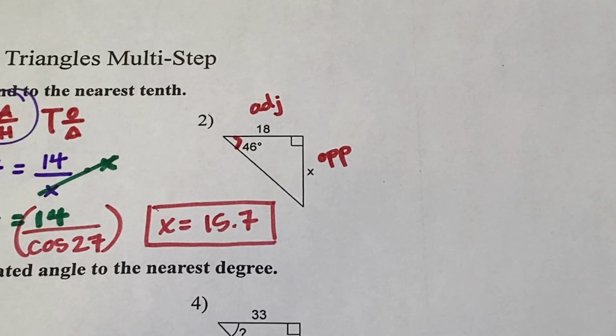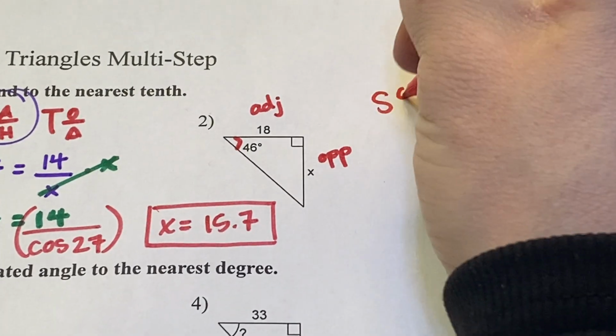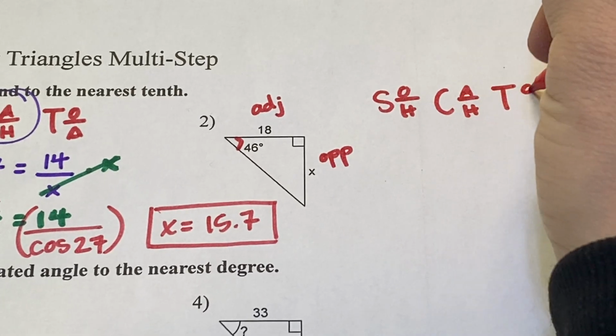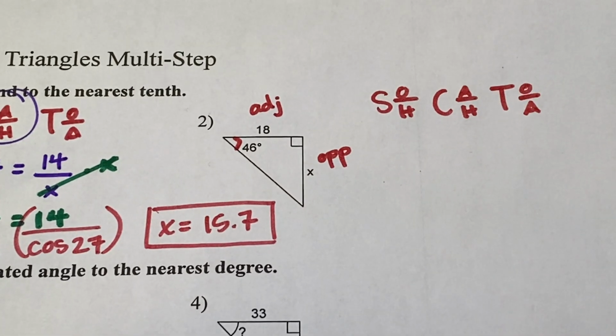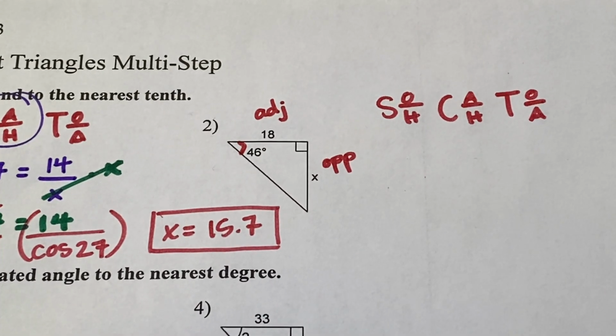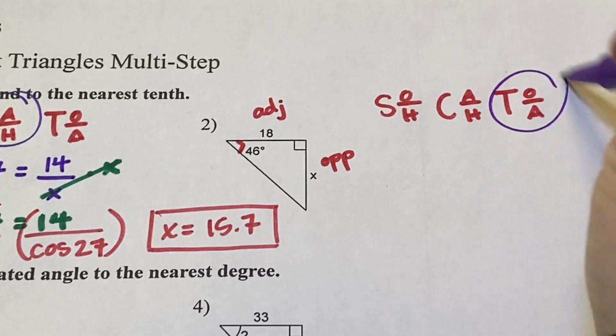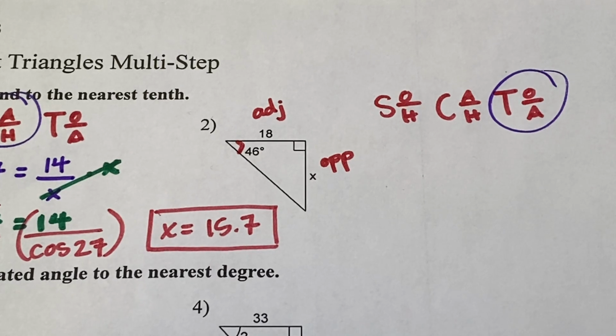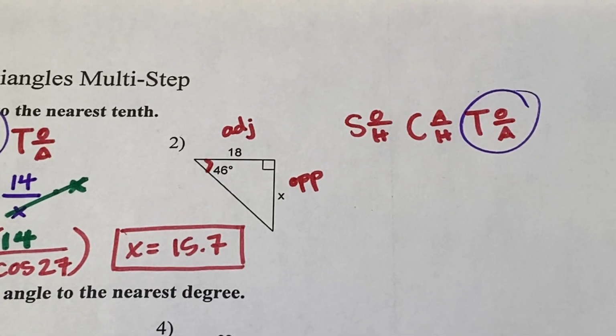So it's giving me opposite and adjacent to work with, which means which function, sine, cosine, or tangent, uses opposite? TOA. Nice. We know it's got to be TOA, so we're going to be using tangent. Opposite and adjacent, O and A.